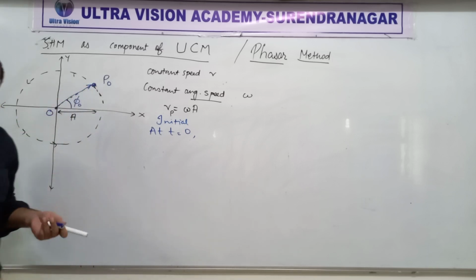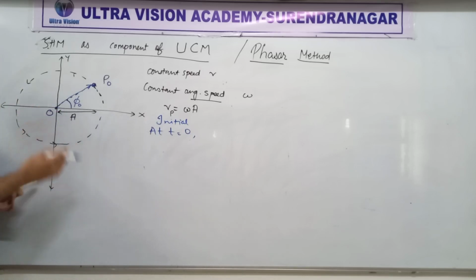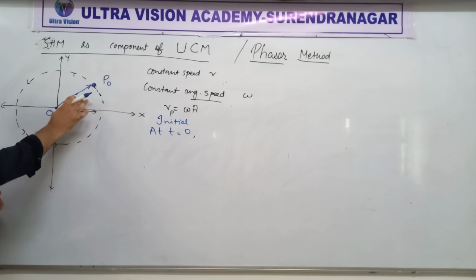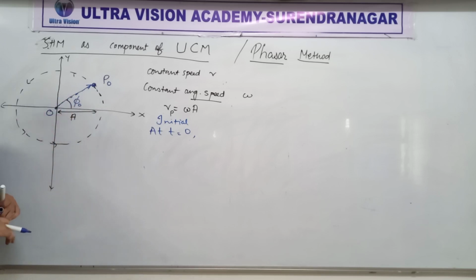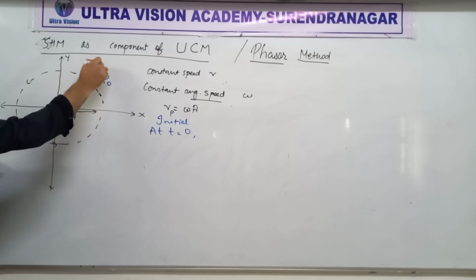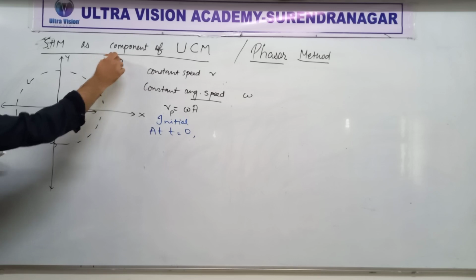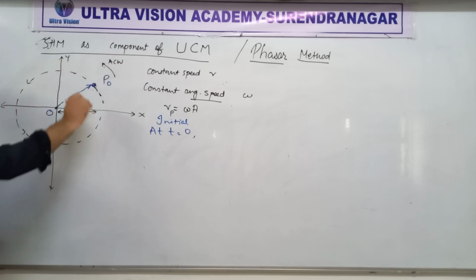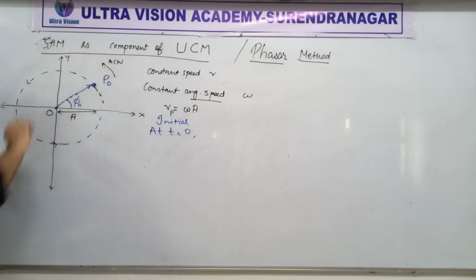Obviously, you can take any angle, right? 30 degree, 40 degree, 65 degree, 79 degree, no problem. So at some point of time, let's say this angle is phi 0. Now, do you realize that as this particle moves anti-clockwise, remember right now we are talking about a case where this moves anti-clockwise. What happens if it's clockwise?